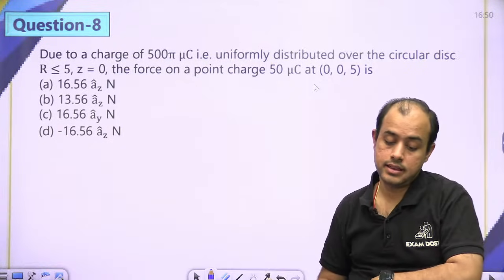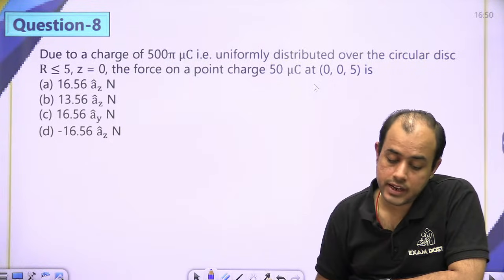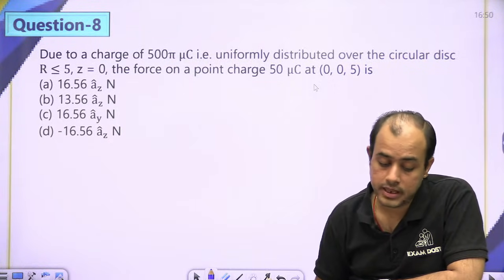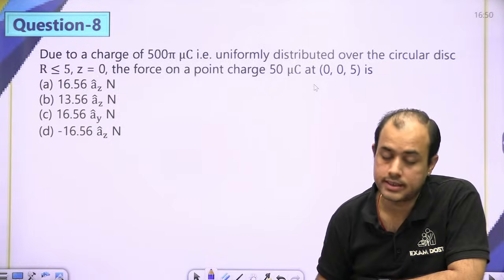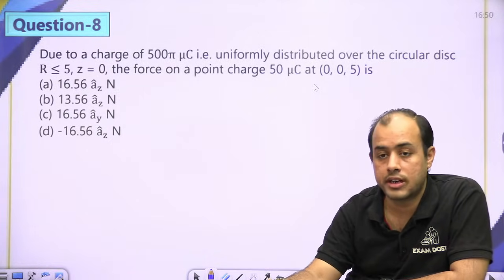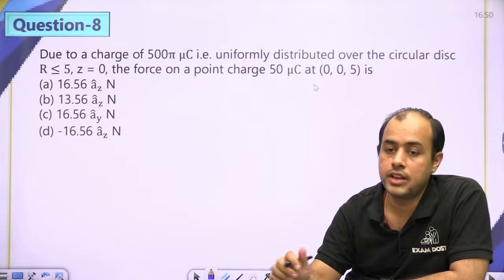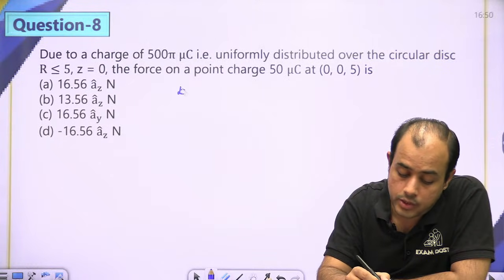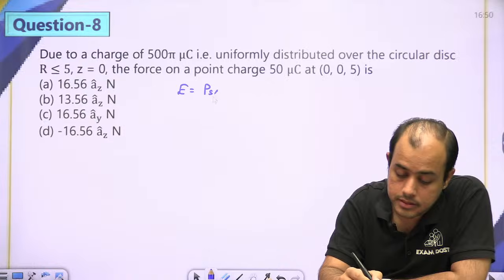Okay, next. Due to a charge of 500 microcoulomb uniformly distributed over the circular disk, I need the force on a point charge. Now we already know the electric field due to a circular disk.